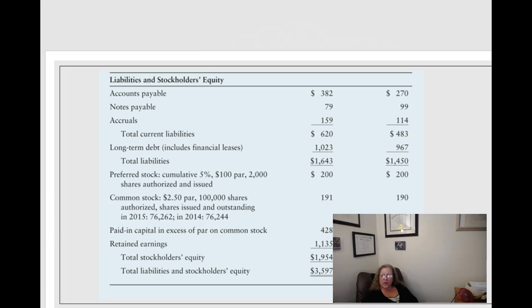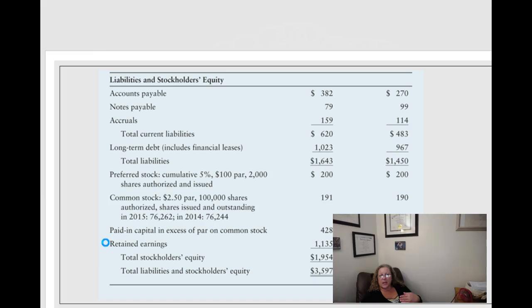The second part of the balance sheet is the liabilities and stockholders' equity. Liabilities are what we owe. Equity is what owners have contributed to the corporation, or also retained earnings.